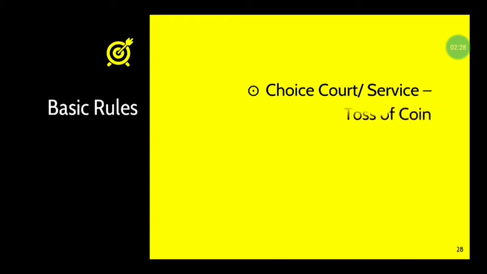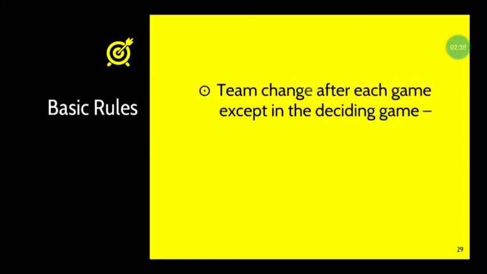So we have the basic rules in the game of volleyball. First, to choose the court or service, it is a toss of a coin. Teams change courts after each game except in the deciding game.